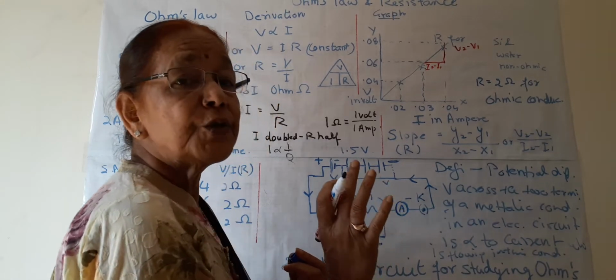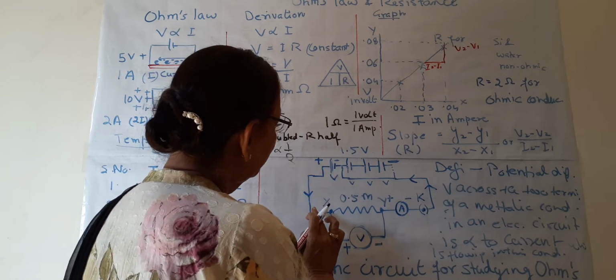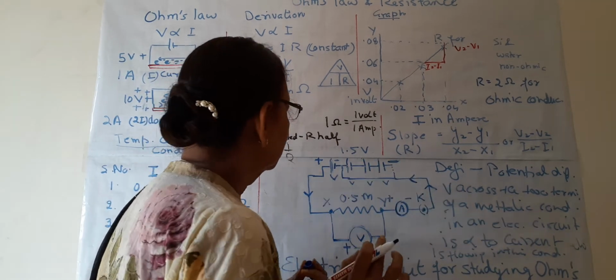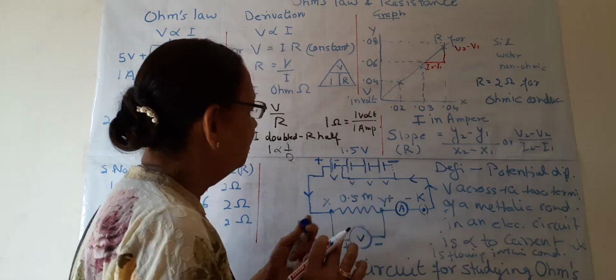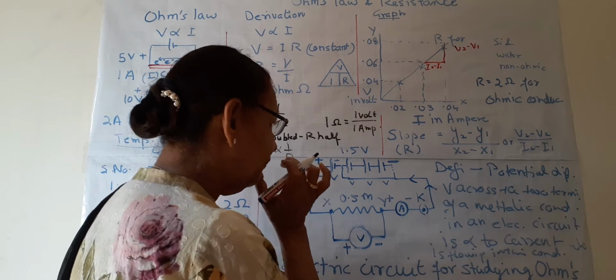It is not changed yet. So this is the conventional direction from plus to minus. When the circuit is closed, the current starts flowing.